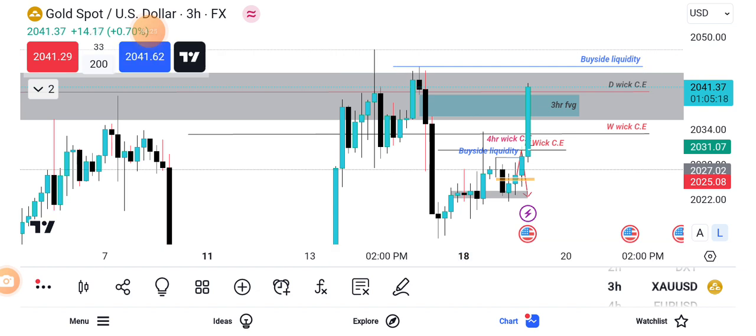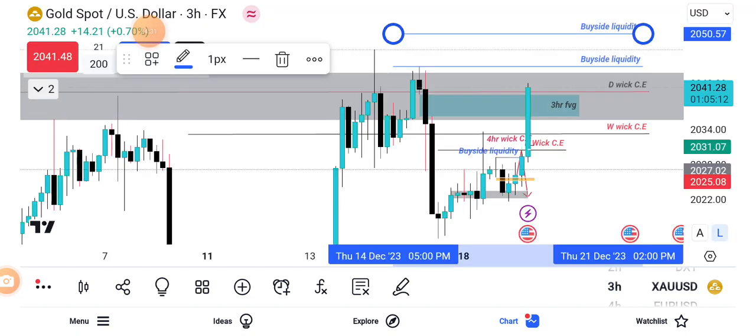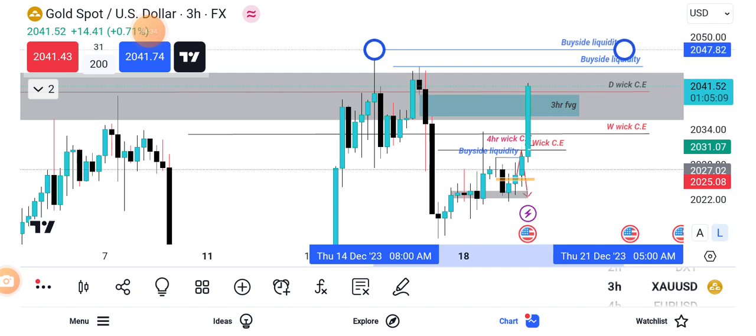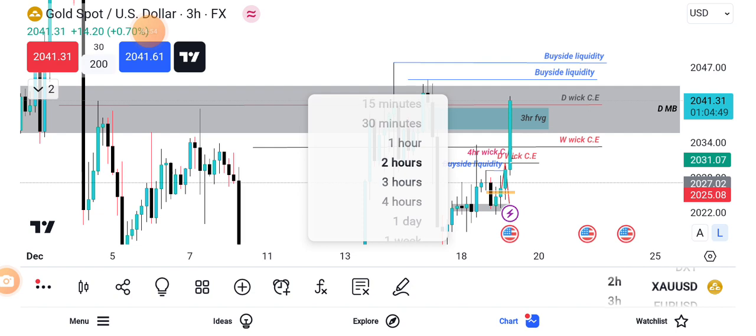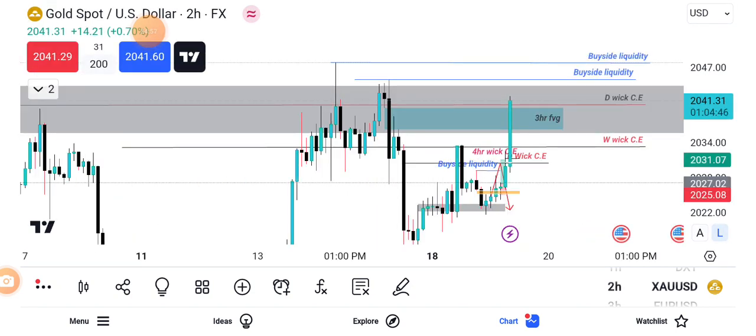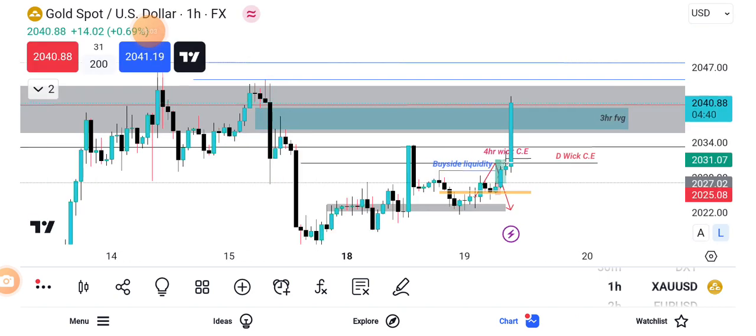That one, and also this other one. If we see a candle close above this 3-hour fair value gap, I guess it will now support prices higher. Four minutes to go before that 1-hour candle closes.